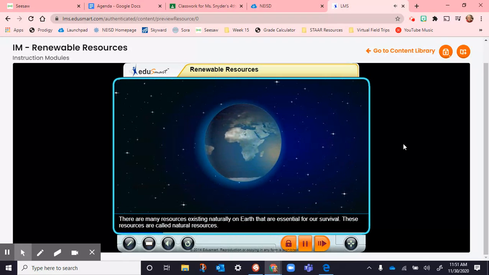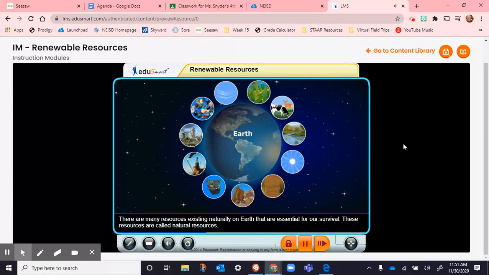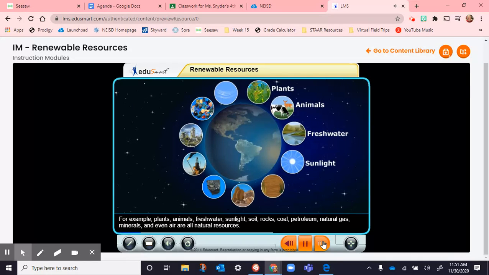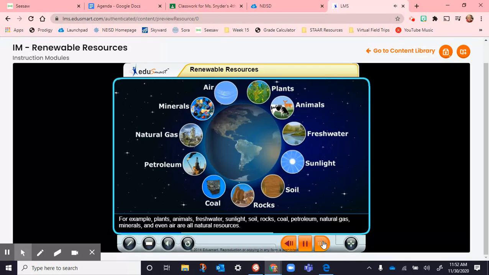There are many resources existing naturally on Earth that are essential for our survival. These resources are called natural resources. For example, plants, animals, fresh water, sunlight, soil, rocks, coal, petroleum, natural gas, minerals, and even air are all natural resources.